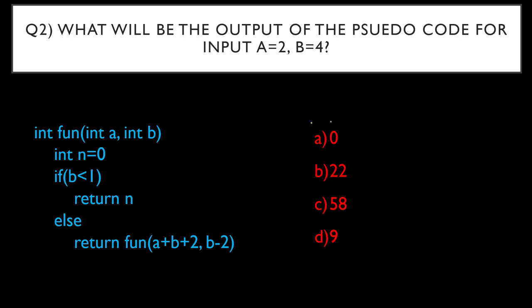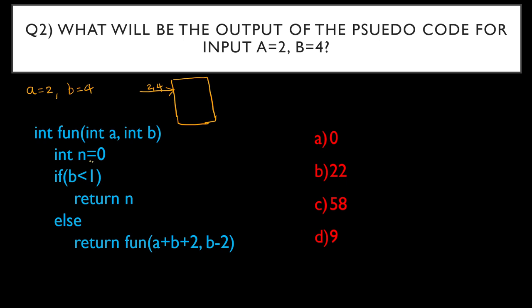Okay, let us keep the options here. We can work out here. So initially we have been given that A will be equal to 2 and our value of B will be equal to 4. So in the first function call, 2 and 4 are passed.